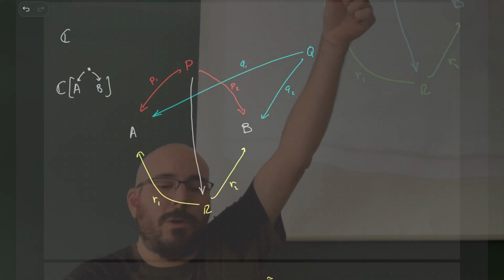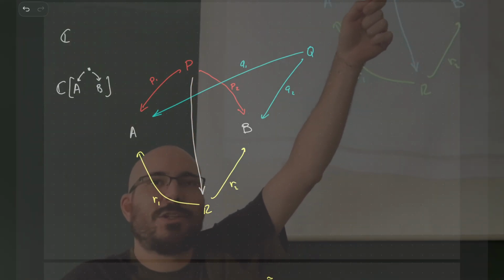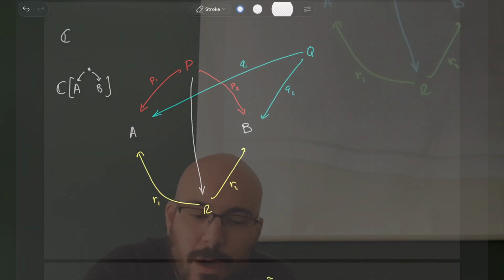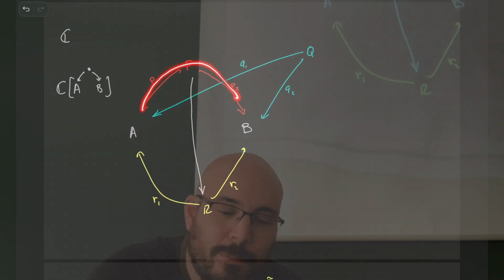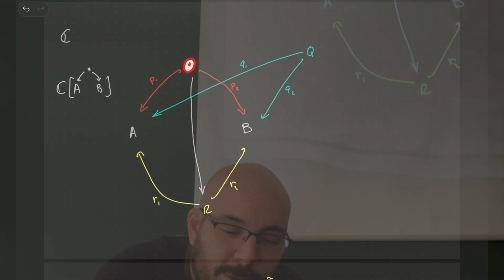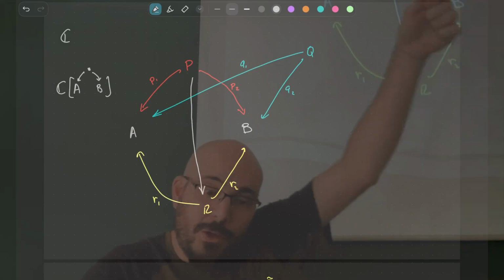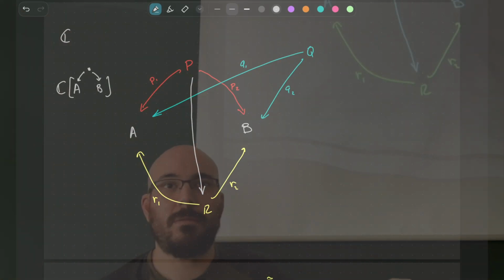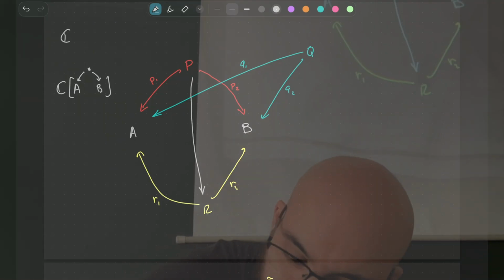And if you only care about this thing, that's not a good idea. You are forgetting that you worry about this thing becoming this thing, and not just about this thing becoming this thing. And the thing that's missing here is that your arrows should be an arrow from P to R that makes this thing commute. So I have just defined a new construction for categories.